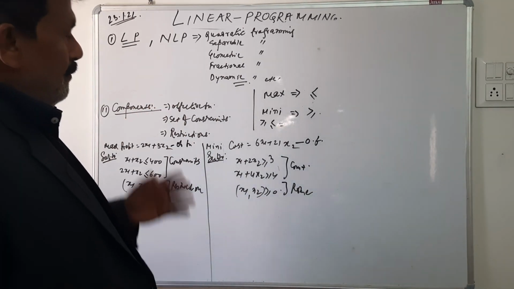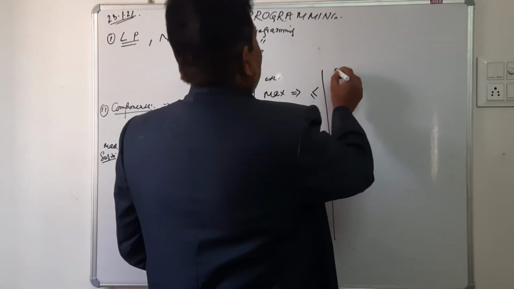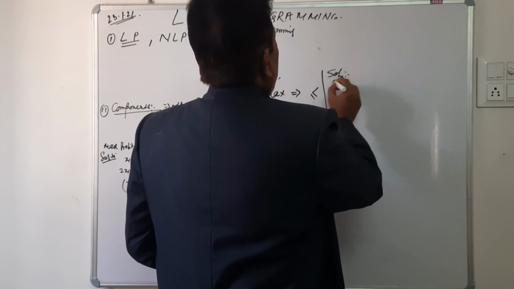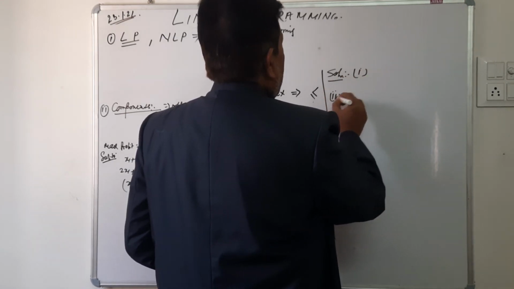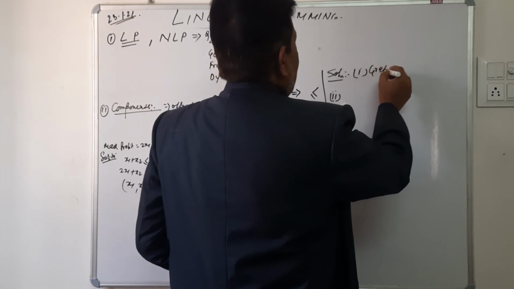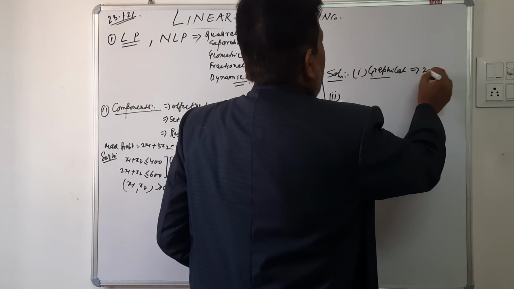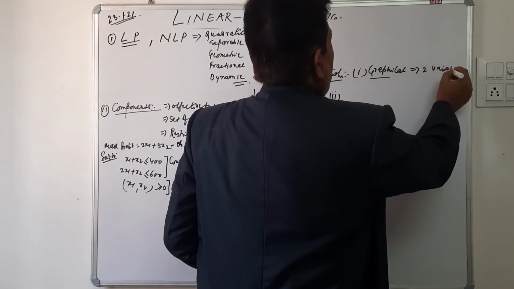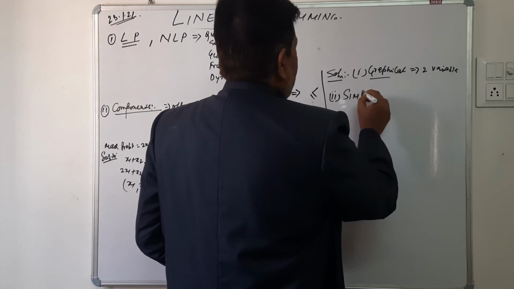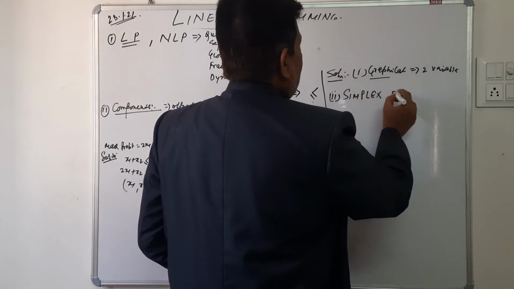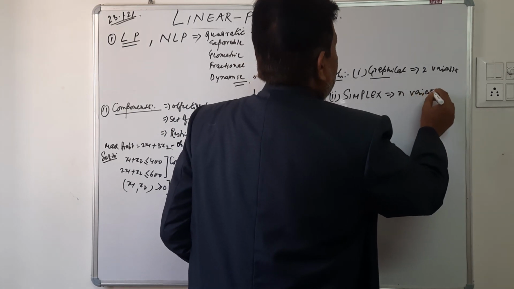Now, as far as the solution of LP is concerned, we have two methods for finding solutions. One is the graphical technique, where we can handle at most two variables, and the most universal and popular is the simplex method, which can handle n variables.